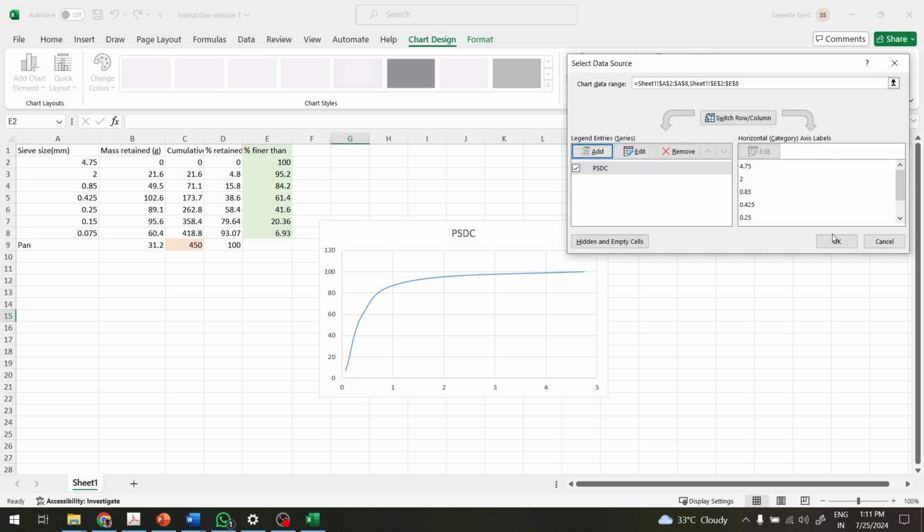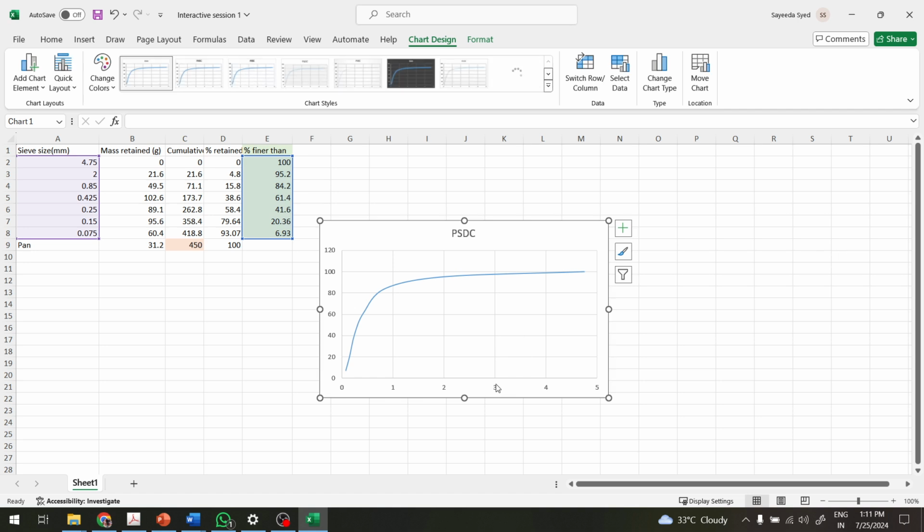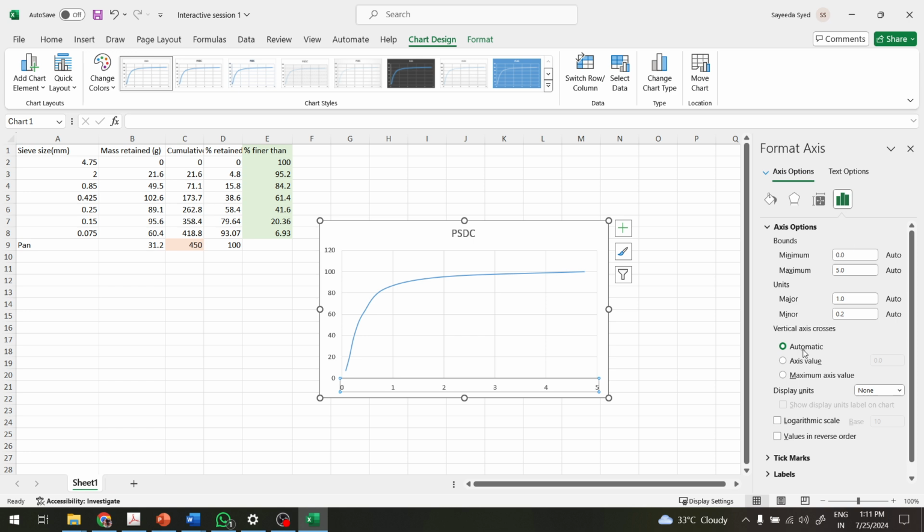And we will change this to a log scale. Let me reverse the values.